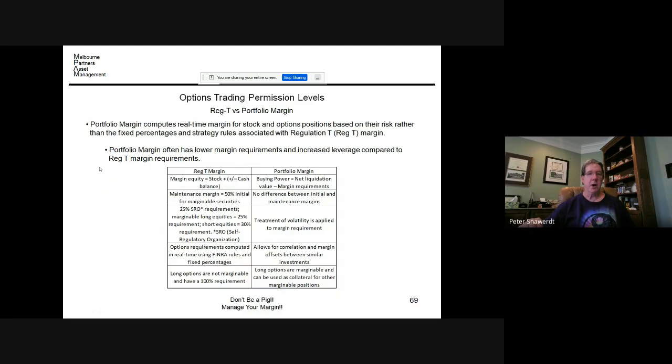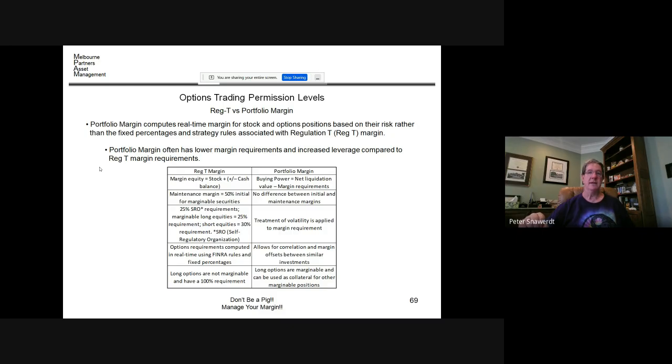Okay, portfolio margin. But let's talk about portfolio margin versus Reg T margin. In portfolio margin, the positions in the portfolio margin against themselves. So if you have a stock position and options positions, and let's say you're long stock and short a call, the short call represents a short position in the market, and the long stock is a long position in the market.